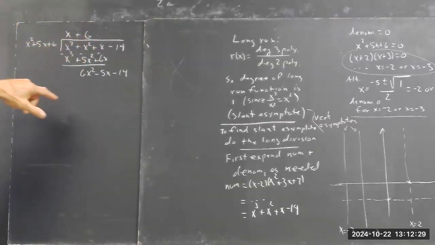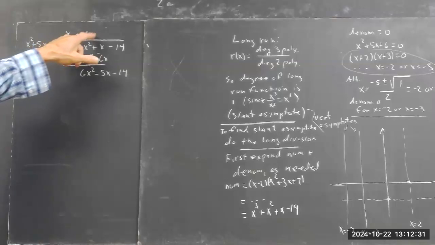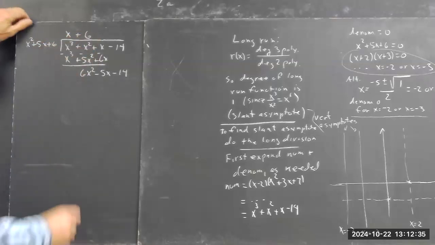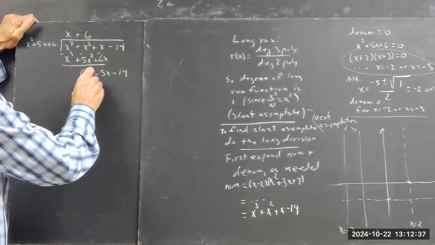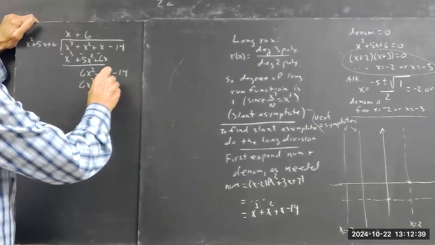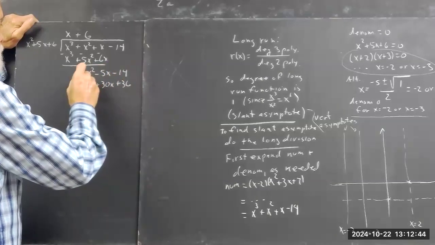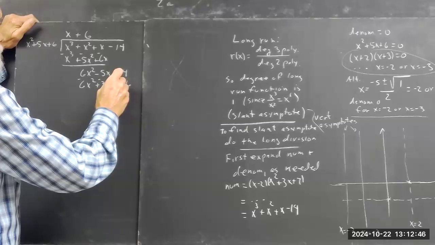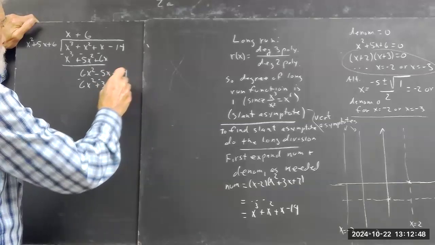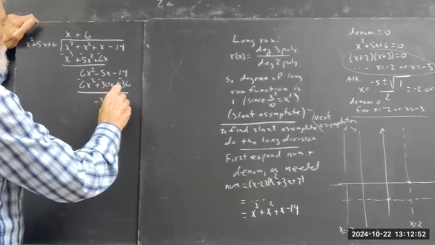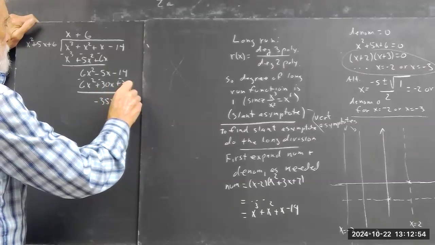So we're going to need a 6 here in order to take care of that 6x squared. So we're going to have 6x squared plus 30x plus 36. And of course, we've got to subtract each one of these. So we have negative 35x minus 50.